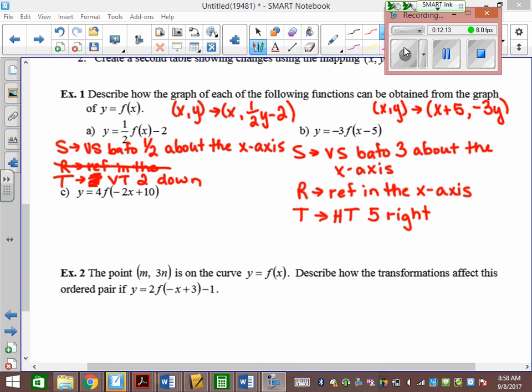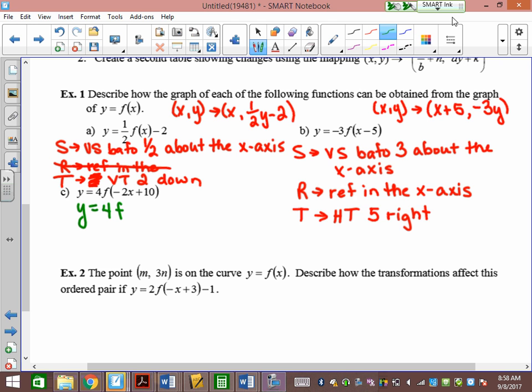Take out that -2. So it's going to be y equals 4 f of -2 x plus 10. 10 divided by -2 is -5.